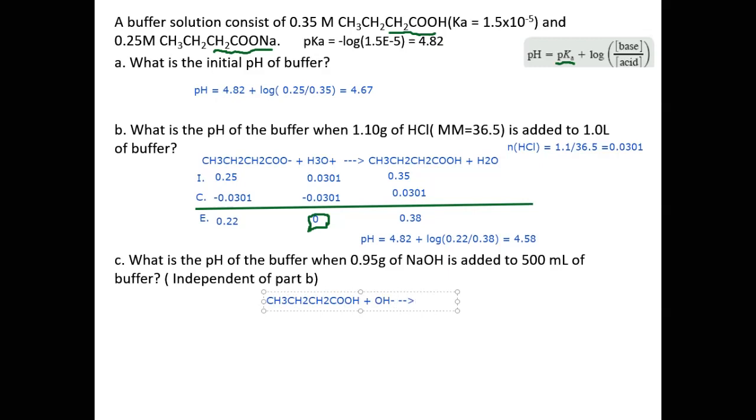To form more conjugate base as product. Before we begin, let's find the moles of sodium hydroxide.